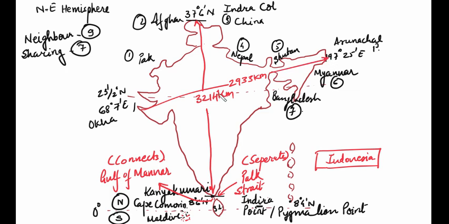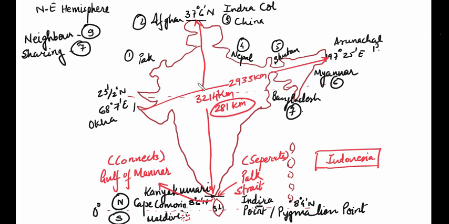The difference is 281 kilometer. If you subtract this figure from 3214, you will get the answer 281 kilometer. It shows that north-south extent is more as compared to east-west extent. Okay.